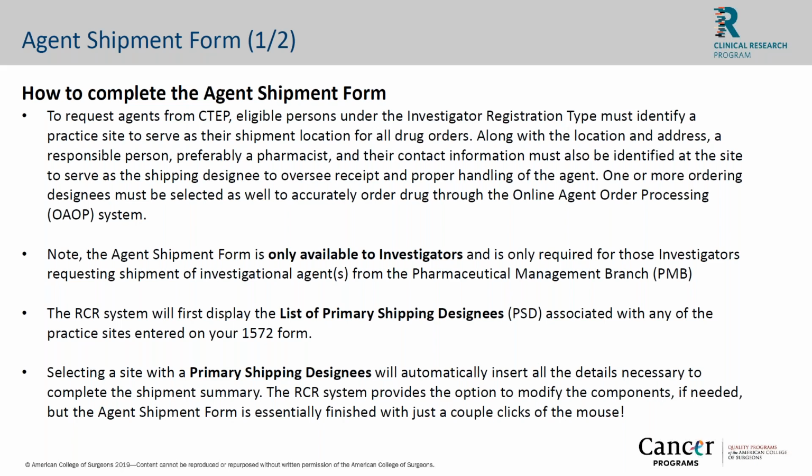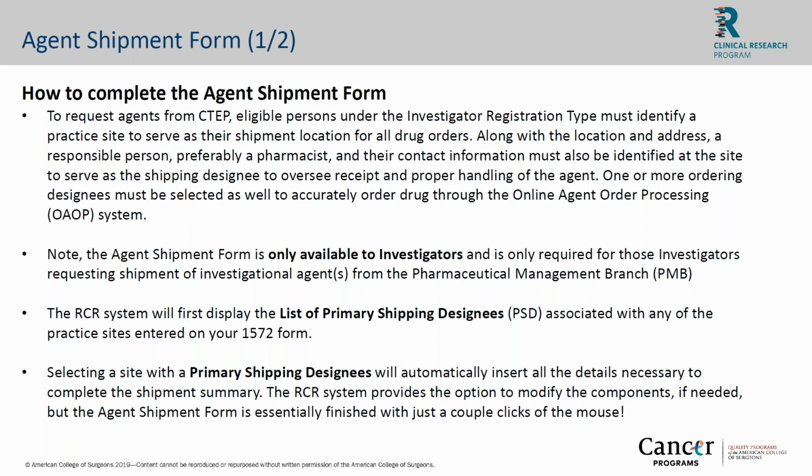Along with the location and address, a responsible person, preferably a pharmacist, and their contact information must also be identified at the site to serve as the shipping designee to oversee receipt and proper handling of the agent. One or more designees must be selected as well to accurately order the drug through the online agent order processing system. Please note that the agent shipment form is only available to investigators and is only required for those investigators requesting shipment of investigational agents from the Pharmaceutical Management Branch.